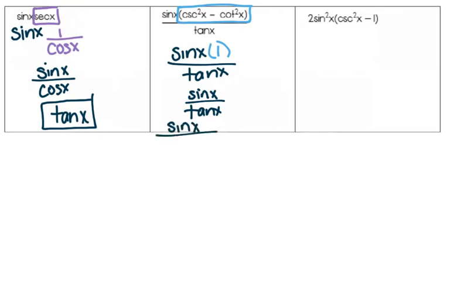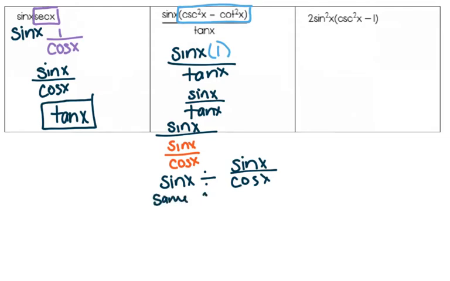The sine of x on top, and then tangent is sine over cosine. So from previous math courses, I really know that what's happening is this. And anytime there's division and a fraction involved, that's when you use same, change, flip.